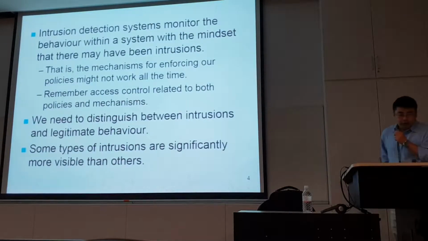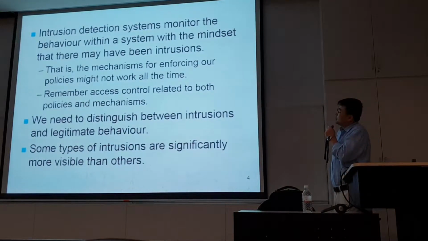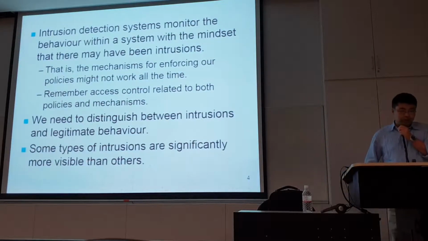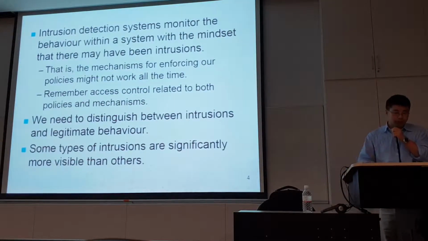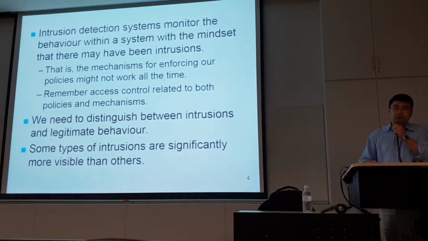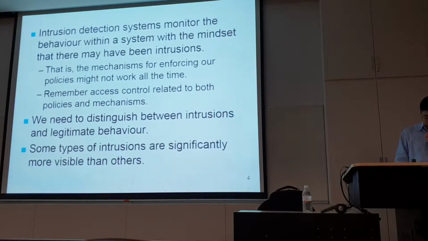The intrusion detection system will monitor the behavior of a user within a system. In this case, we no longer use the user credential to provide security, because the intruder may already have obtained the user credential. So we need to distinguish normal behavior from abnormal behavior.